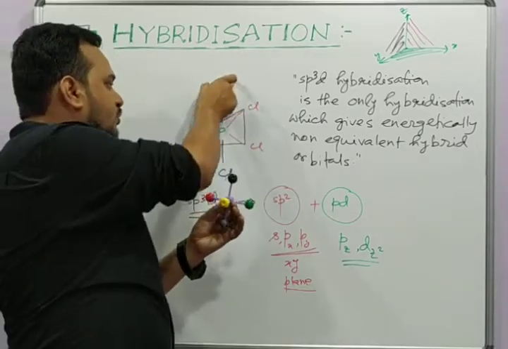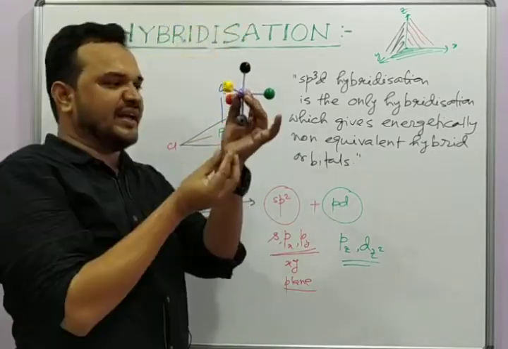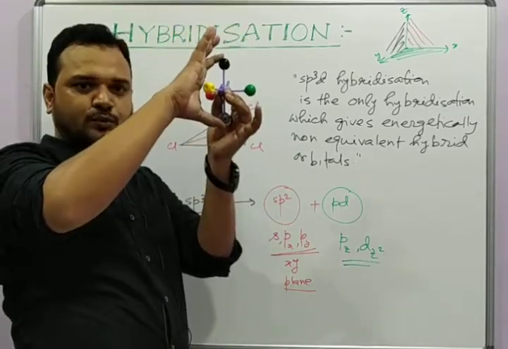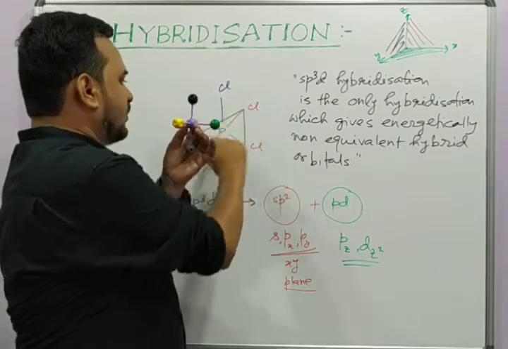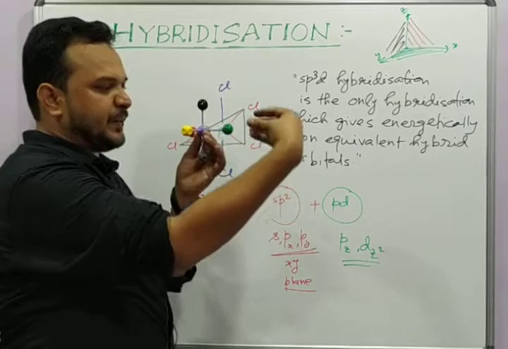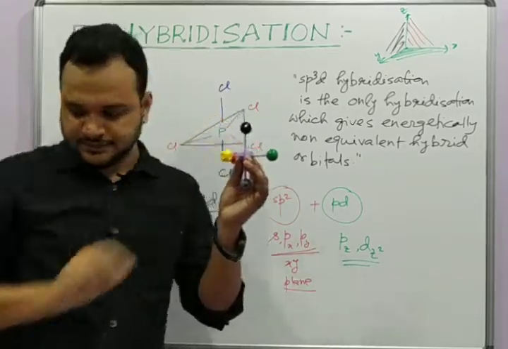That means two of these chlorines are overlapping with the pd hybrid orbitals to give these two bonds which are perpendicular to the xy plane, and three chlorines are overlapping with sp2 hybrid orbitals in this xy plane, right?